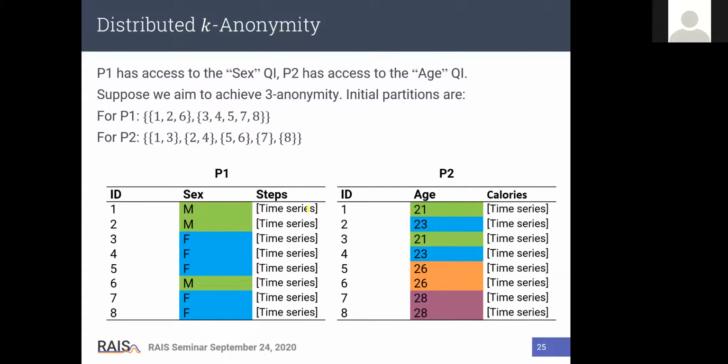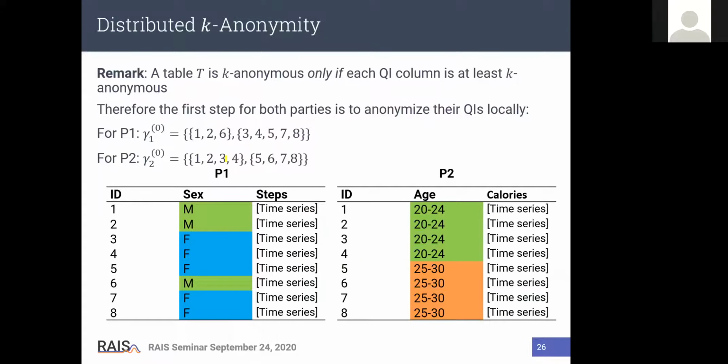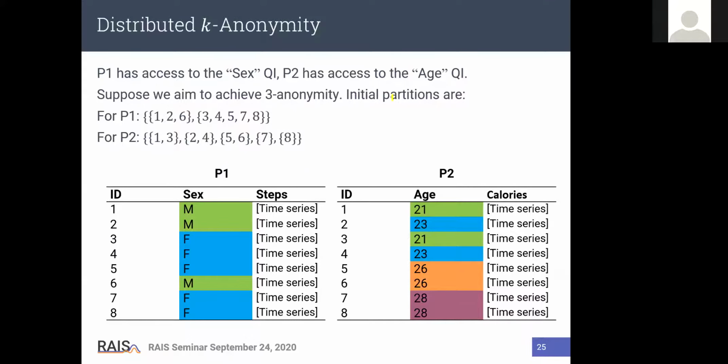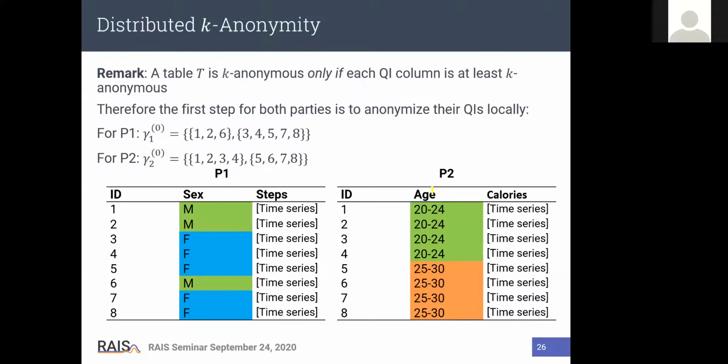So at the beginning, they just anonymize their attributes locally, and then what they do is again they need to find the guy who has the most distinct values, which in this case is the guy who has the age values, and this guy will generalize further their attributes, and then the procedure will be repeated exactly as in the case of the Datafly algorithm.